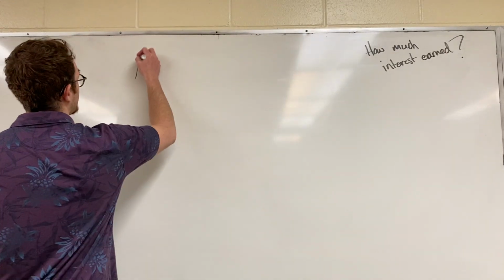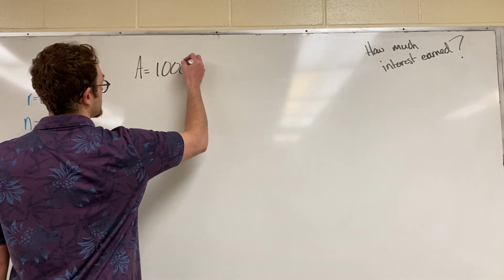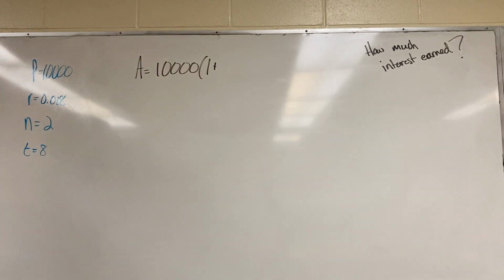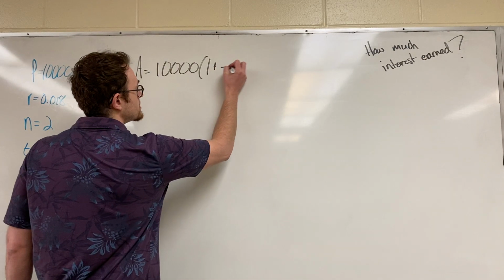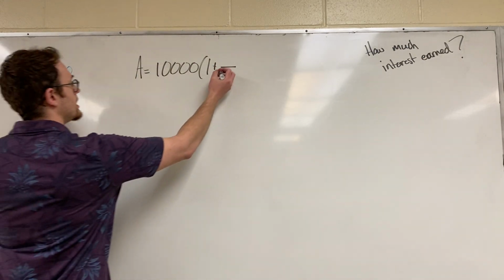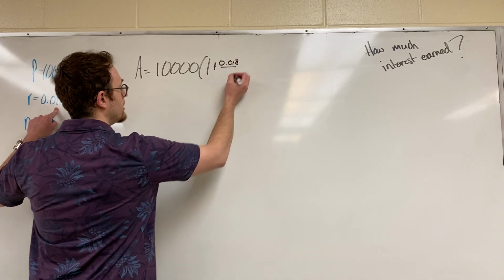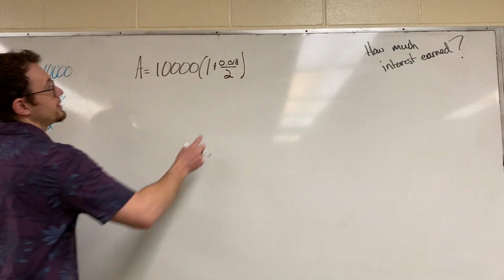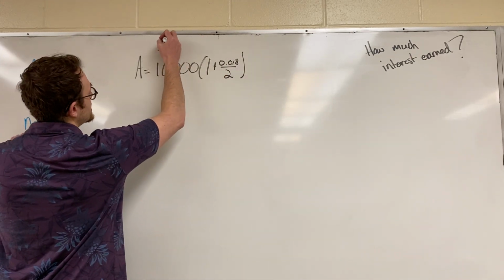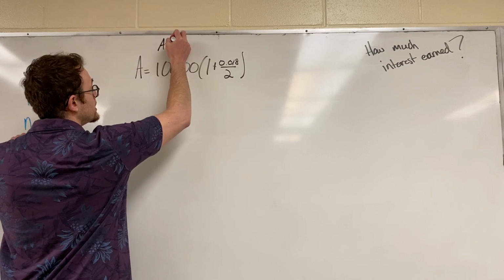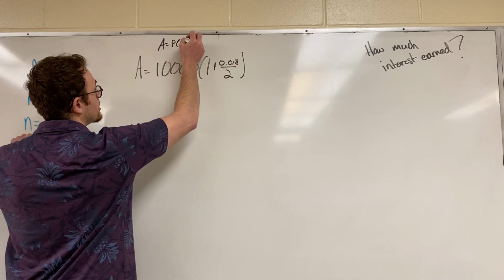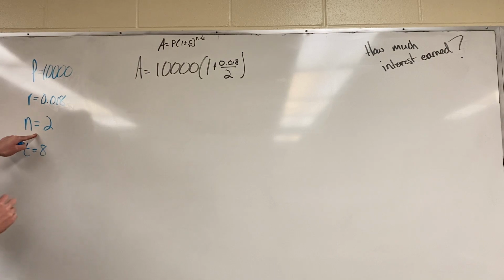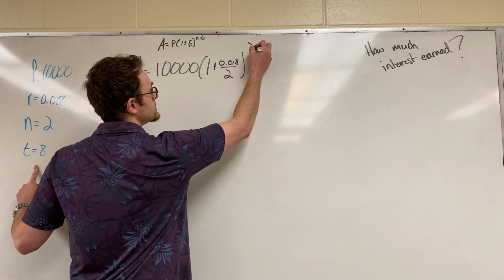All right, so A equals 10,000 times 1 plus, now we're doing compounded, so we have a fraction bar with our R on top, so 0.018, and N on the bottom. And then up here, you're gonna have N times T, right? So I'll write it up here. A equals P times 1 plus R over N, to the power of N times T. So now we have 2 times 8. 2 times 8.